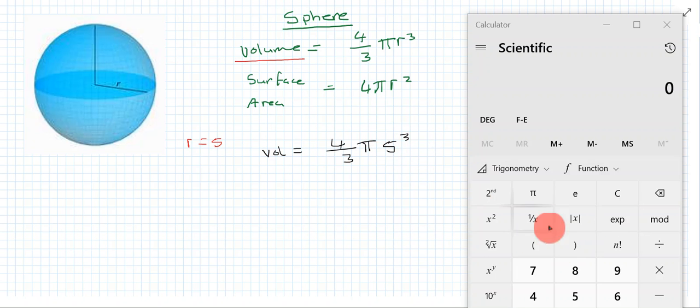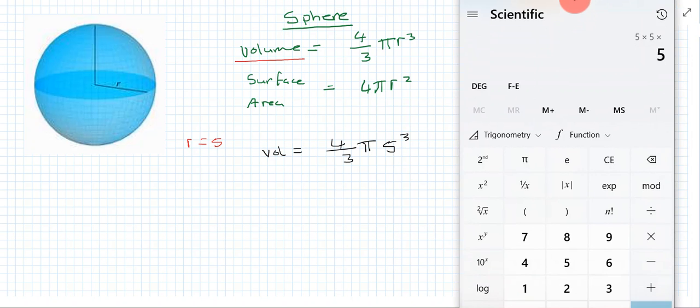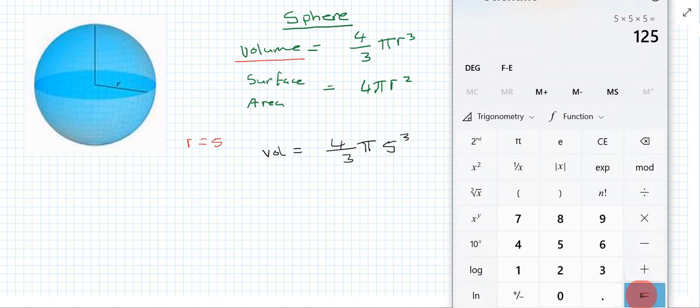So 5 cubed is just 5 multiplied by 5 multiplied by 5, which is equal to 125.